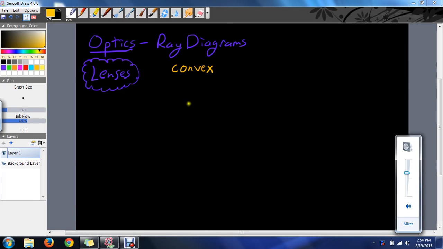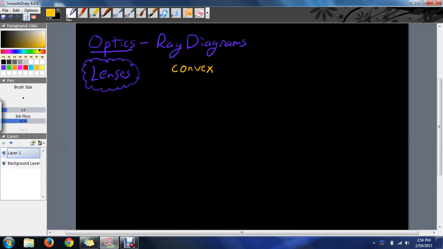So continuing our discussion on ray diagrams, let's focus now on lenses. Starting with the convex lens, which of course, if you remember, the convex shape is outward.